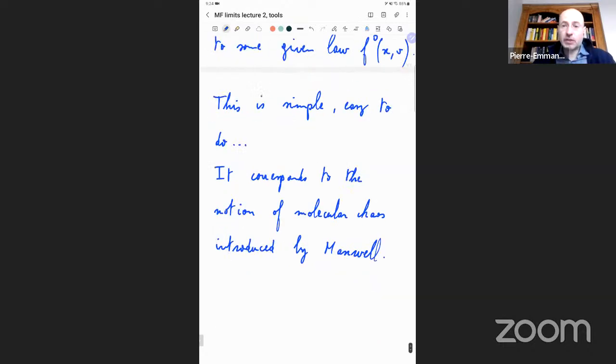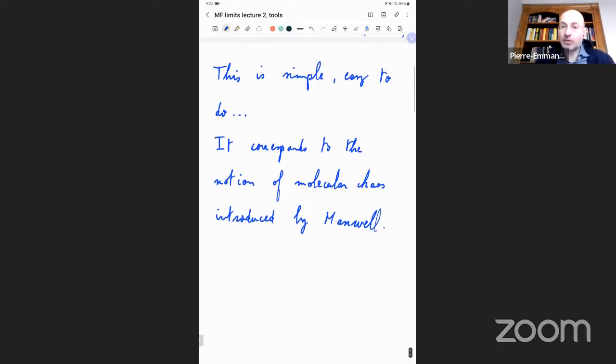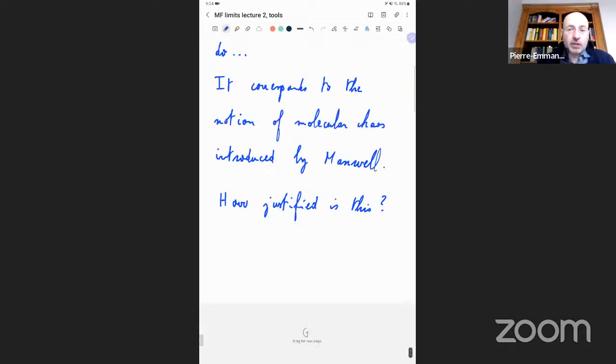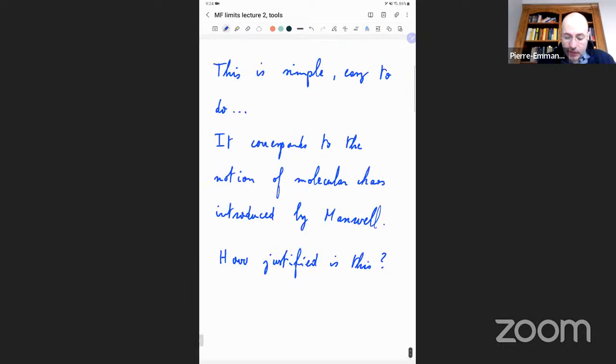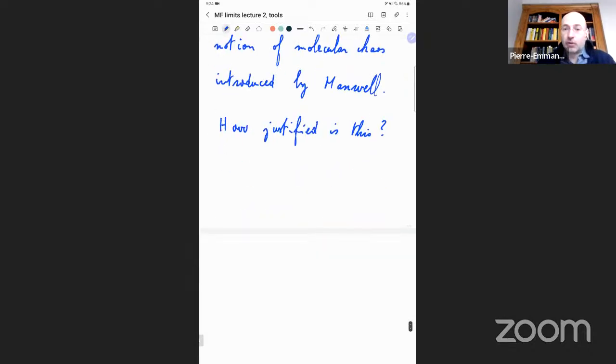All right, so this makes a lot of sense. But is it true? Physically speaking, if I take a plasma, is this true? What that means is that there are no correlations between particles.